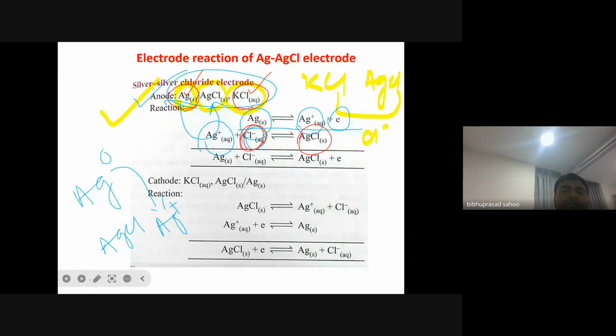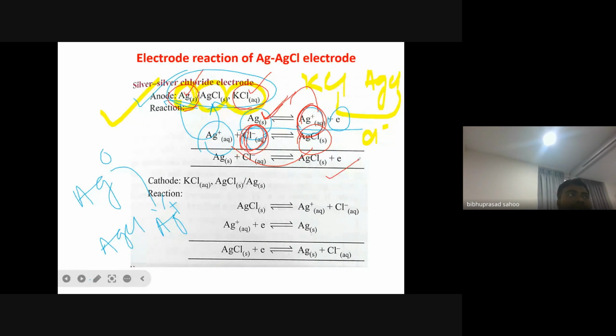If somebody is there to stabilize Ag plus, then Ag solid will say, yes, I will form Ag plus. If it is not stabilized, then Ag solid will not give Ag plus. It is stabilized by Cl minus, to become AgCl, and this is the reaction AgCl plus electron.